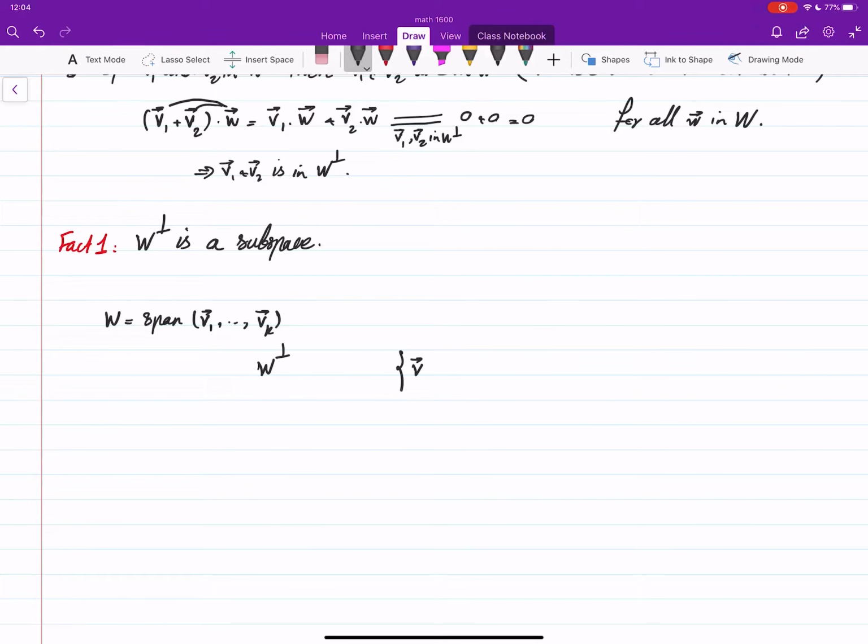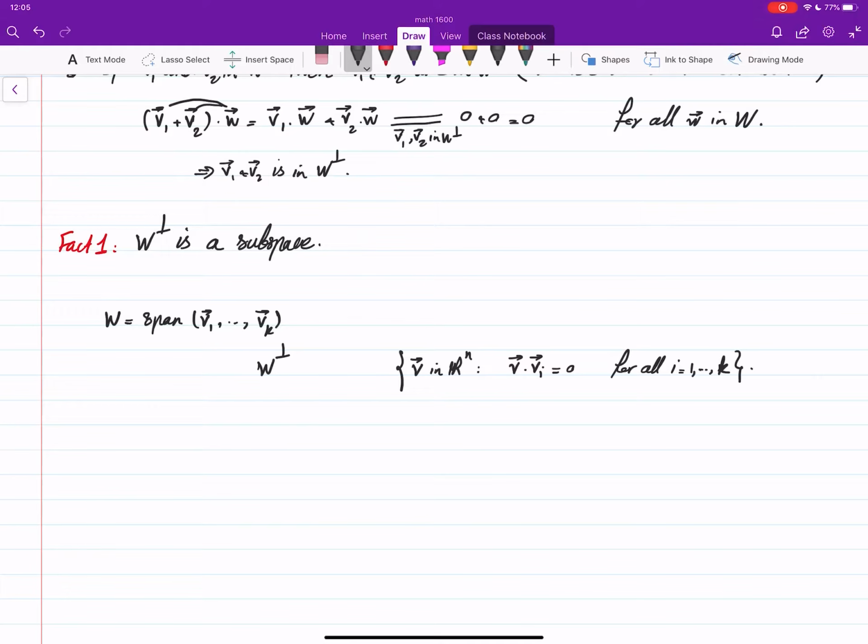We are considering all vectors in Rn which are perpendicular, or orthogonal, only to v1, v2, v3, and up to vk. So this is true for all i from 1 to k.